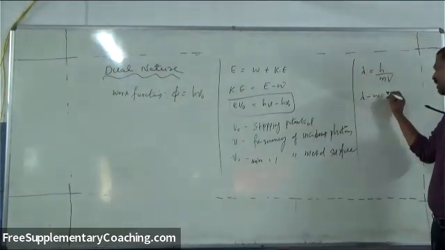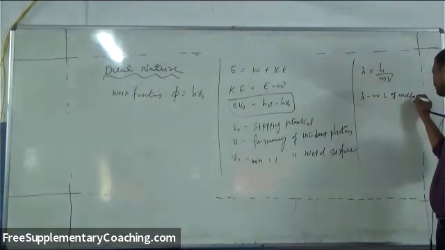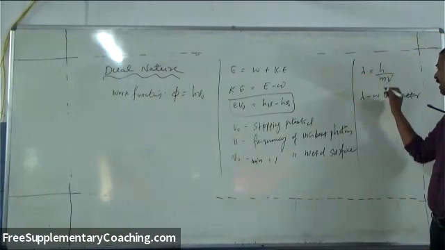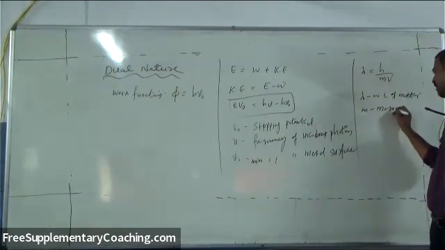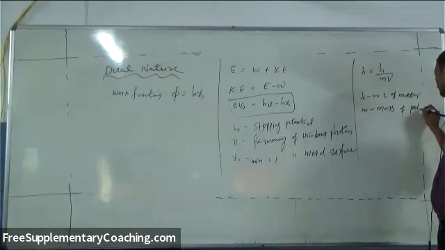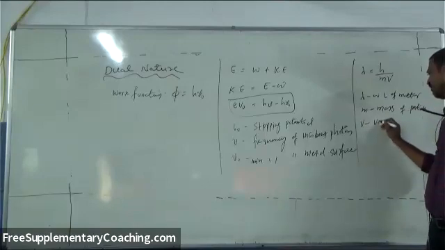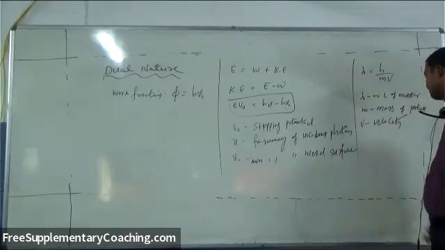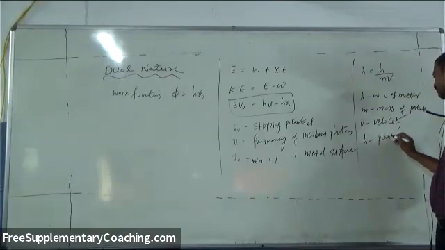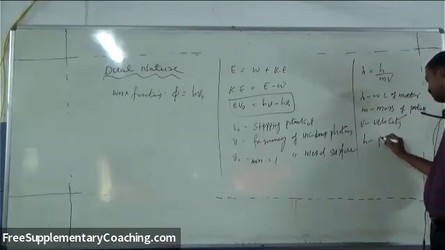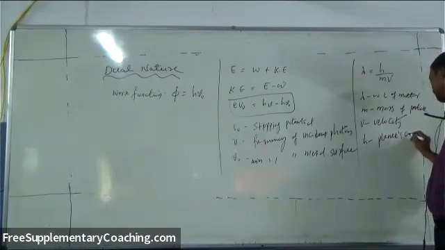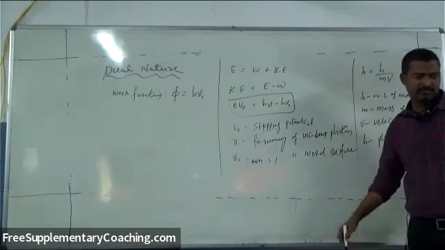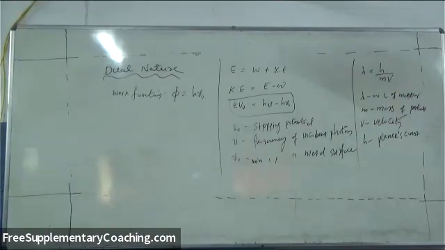Lambda is the wavelength of matter waves, and m is the mass of matter or mass of the particle. v is velocity, and h is Planck's constant. So these are a few important questions from dual nature.